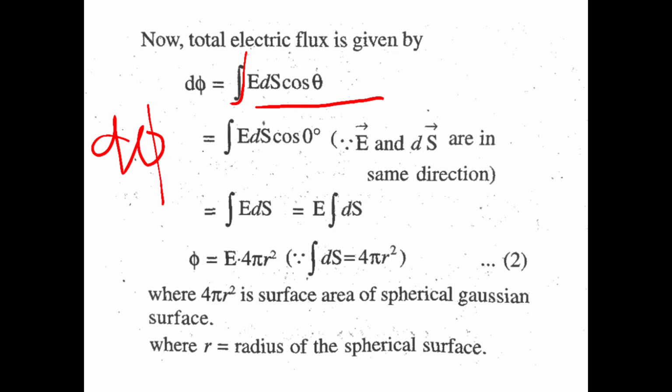That means integration of E ds cos 0, and the value of cos 0 is equal to 1. So integration of E into ds, integration of ds.